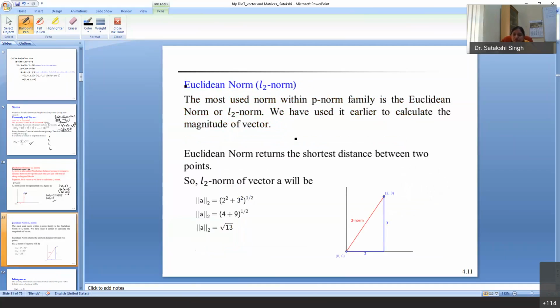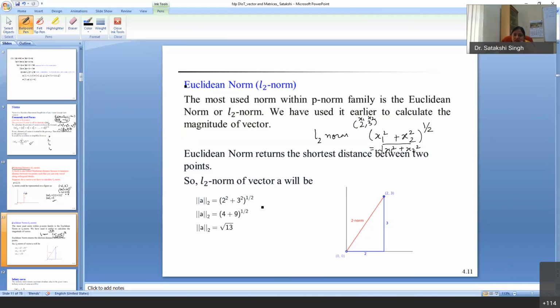According to the LP norm formula, the formula for the L2 norm is the square root of x1 raised to the power 2 plus x2 raised to the power 2. If you have a vector, say 2 comma 3, this is x1 and this is x2, so it is x1 square plus x2 square whole raised to the power 1 by 2, or it may be written as under root of x1 square plus x2 square.